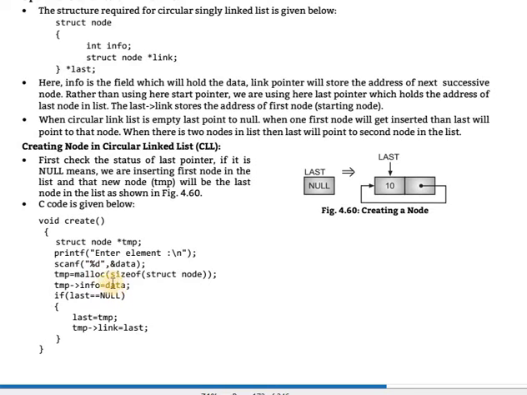After that, the data is assigned to the temp info field, and then check if last is equal to null, meaning temp is directly assigned to last, and last's link is initialized as temp. If last is equal to null, the list is empty, so it is connected with the last node, the last pointer, and temp is considered as the last pointer.